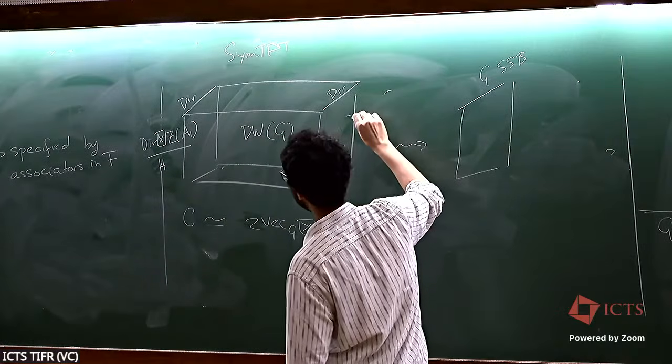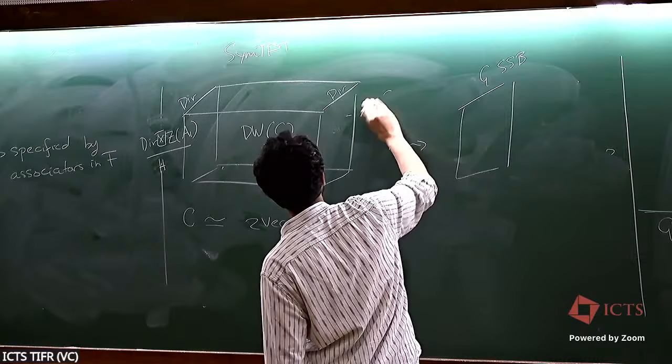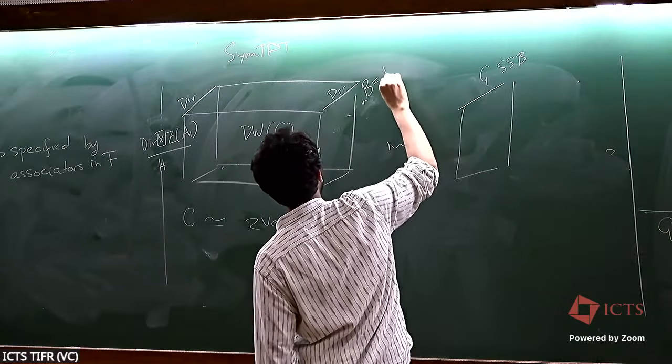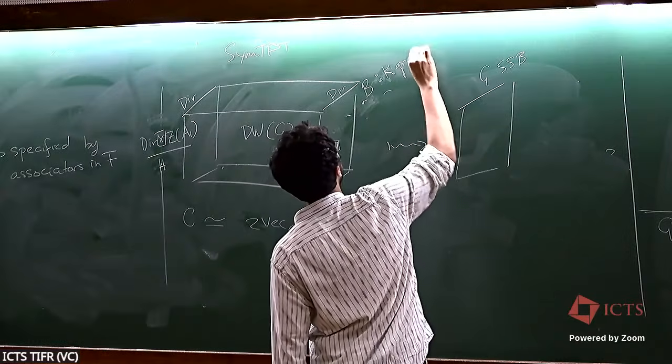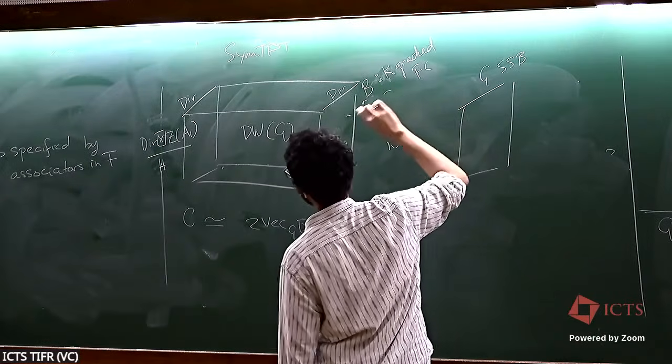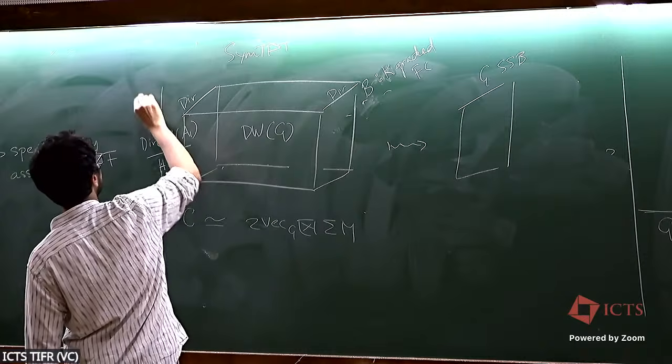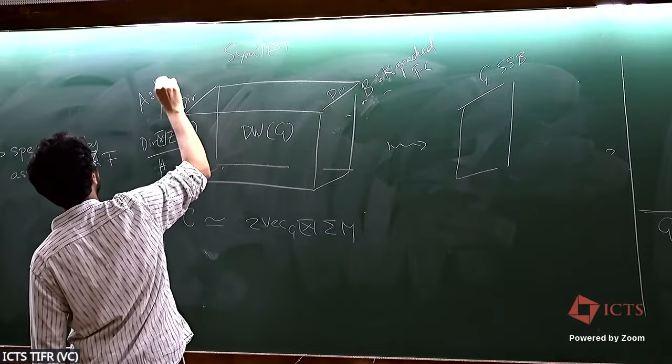Let me call it B, which is K-graded, and this is A, this is H-graded.